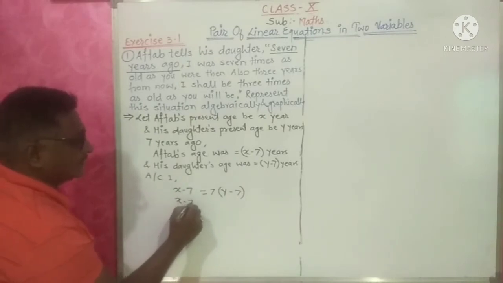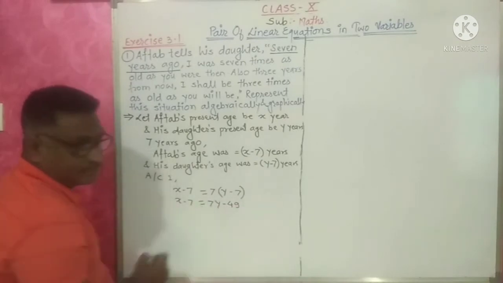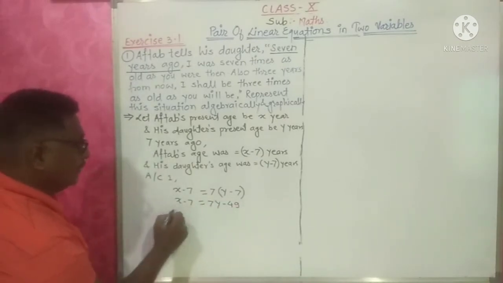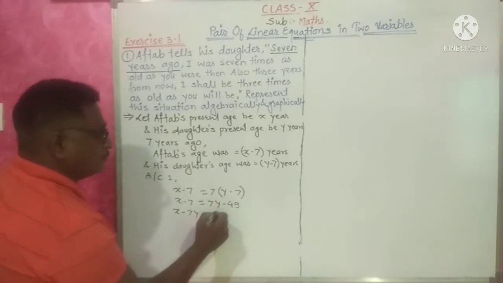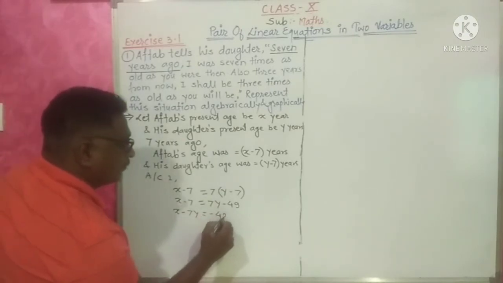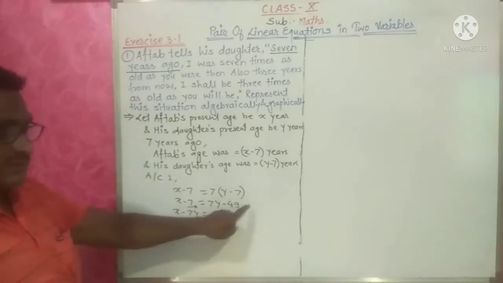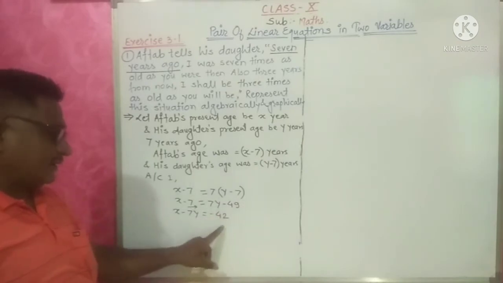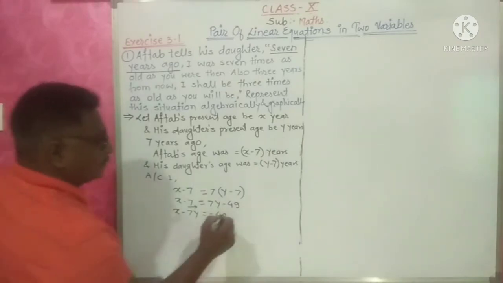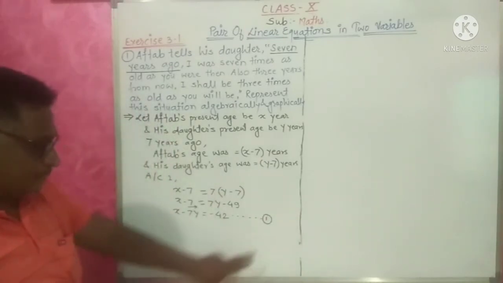So x minus 7 equals 7y minus 49. Transferring, x minus 7y equals minus 42, since minus 49 plus 7 is minus 42. This is equation number 1.